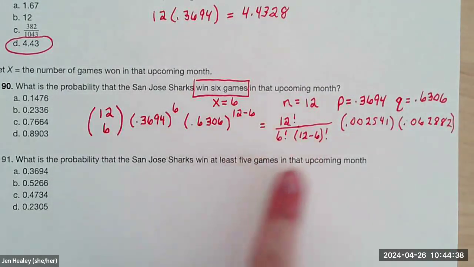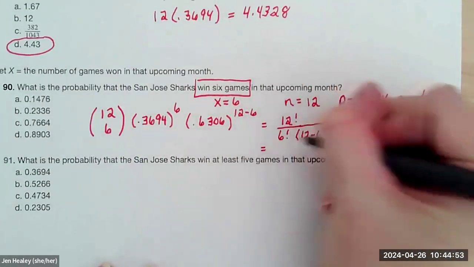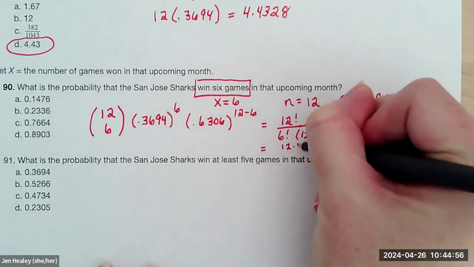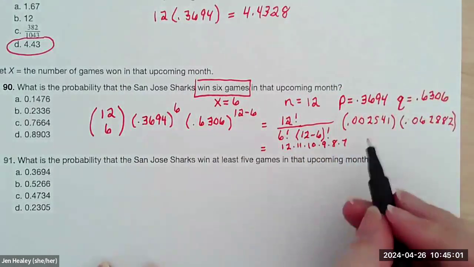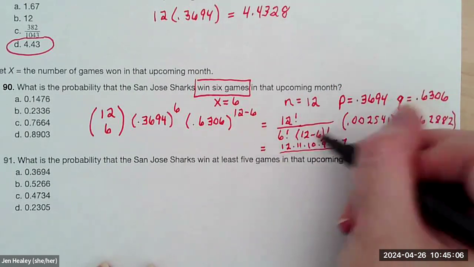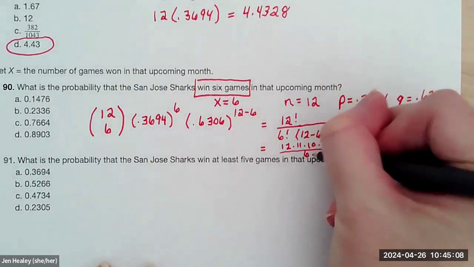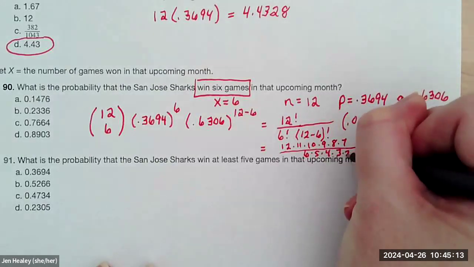All right. So I got to do my factorial calculation. So that's 12 factorial over 6 factorial times 6 factorial. Okay. So 12 factorial over 6 factorial is going to give me 12 times 11 times 10 times 9 times 8 times 7. And then I cannot write the 6 factorial that's right here, because I can cancel it, but this one will be 6 times 5 times 4 times 3 times 2 times 1.